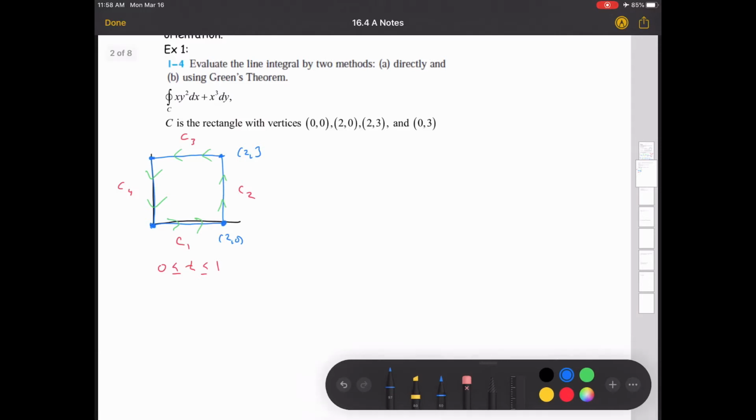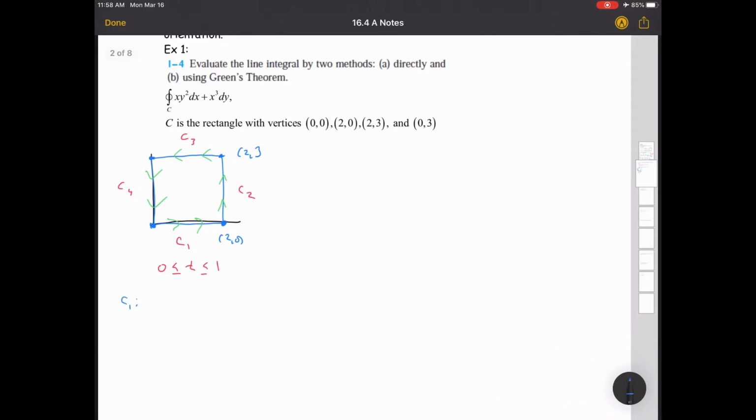In C1, x goes from the point 0, 0 to 2, 0, which means that x starts at 0 and goes up by 2. So x is going to be 2t. And y just doesn't change. Y is always 0.